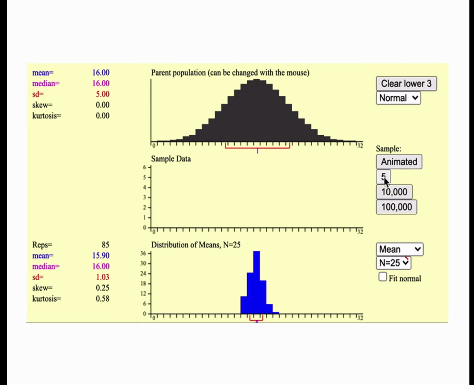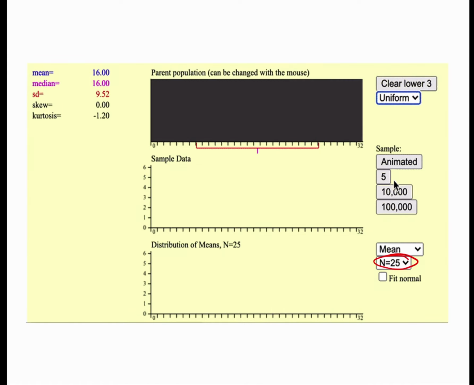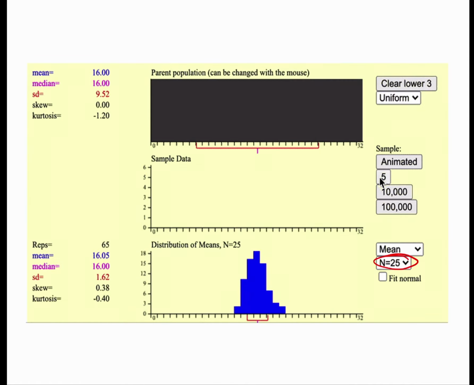If I change my n to size 25, my sampling distribution for the normal distribution still looks normal, but it has a smaller spread. The uniform distribution also looks normal, and again has a smaller spread than it did before.